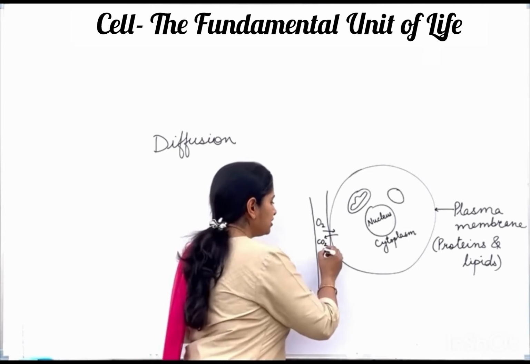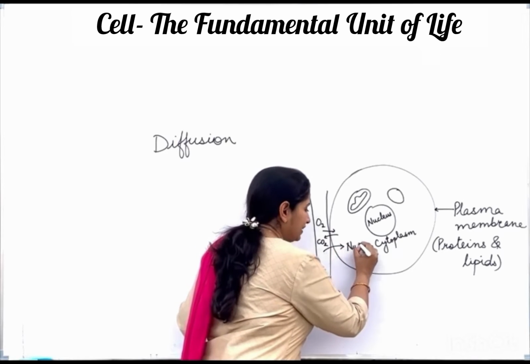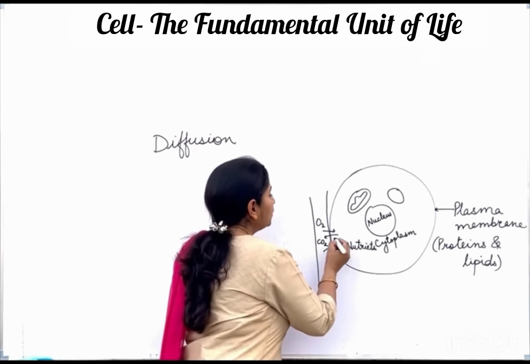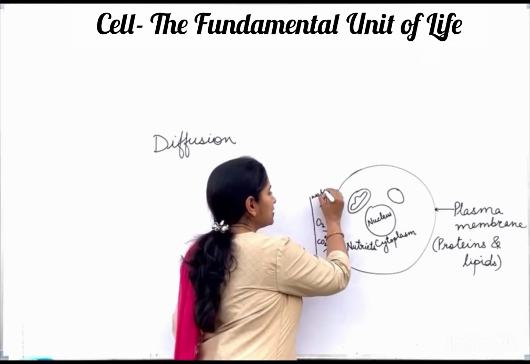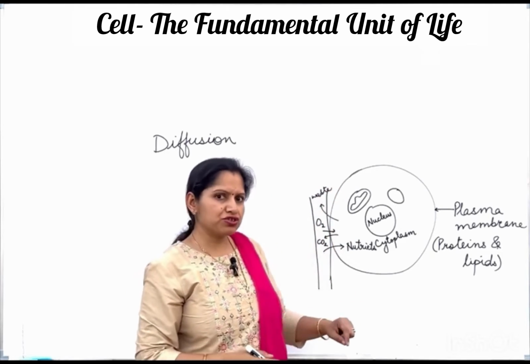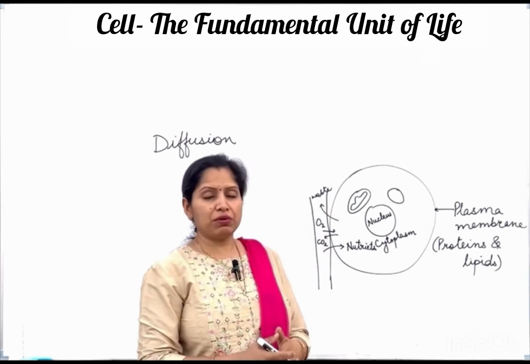Similarly, nutrients like glucose and amino acids will go inside the cell from the blood capillaries, and the waste material produced inside the cell, that is the nitrogenous waste, that is urea, will go into the blood capillaries.